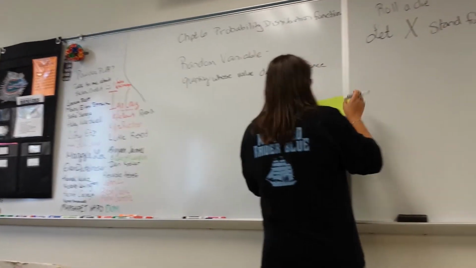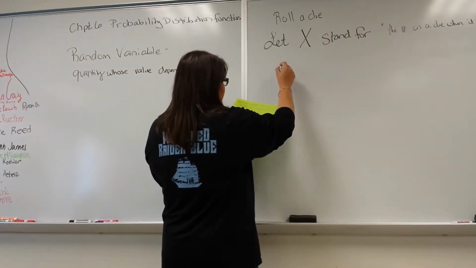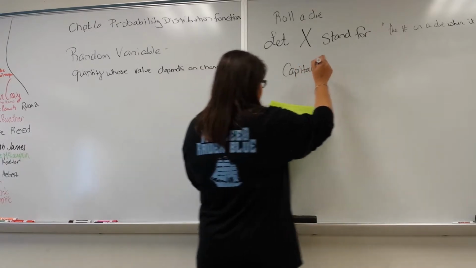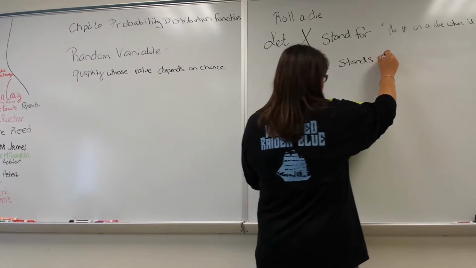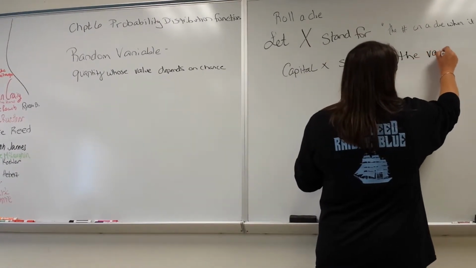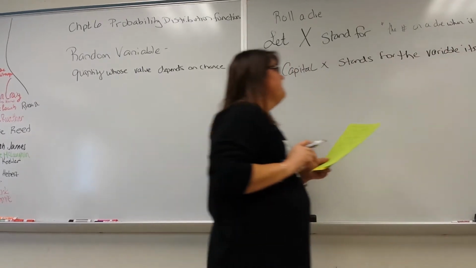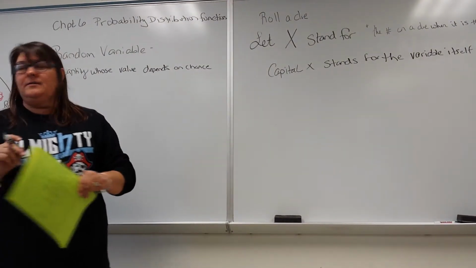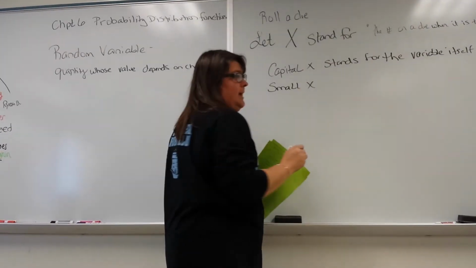Our next thing is that the capital X, the large X, stands for the variable itself. Then we're going to have a small x. How do you indicate between the two?